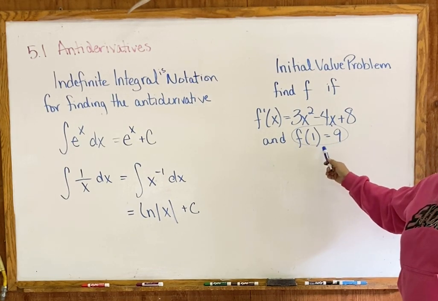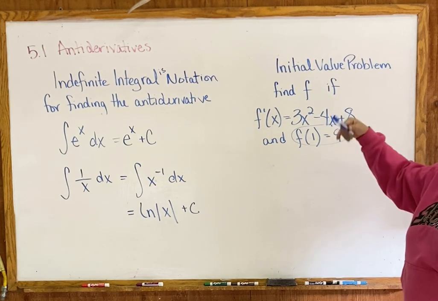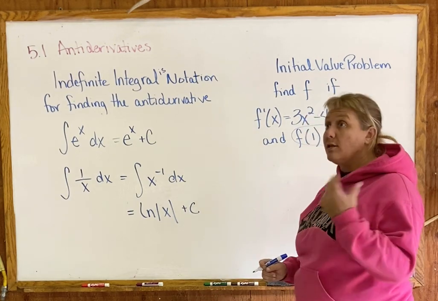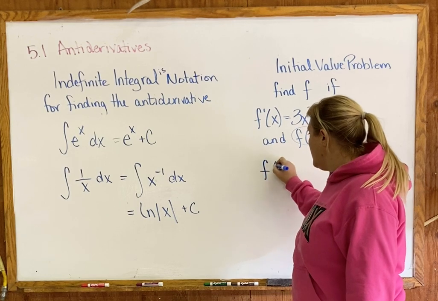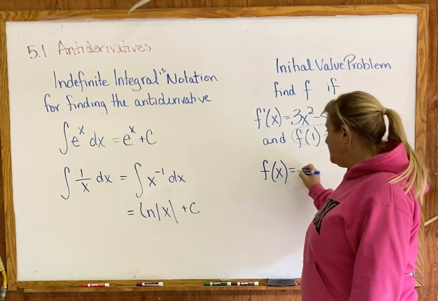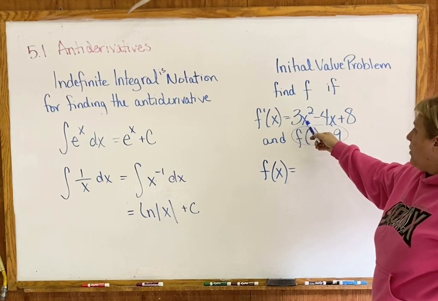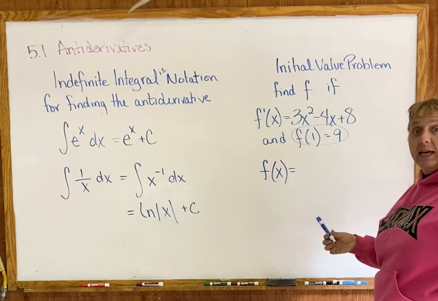And we're not going to use that yet, we're going to use that at the end. But we're going to start with our derivative and we're going to use it to build our antiderivative, or our function. Okay, so 3x squared, if we go backwards, that'll be x cubed over 3, so the 3 is going to cancel, right?